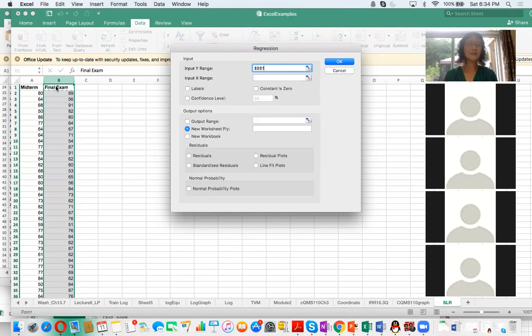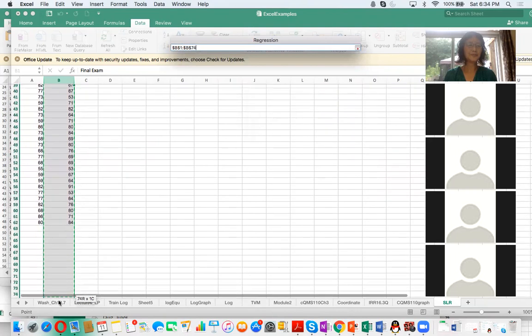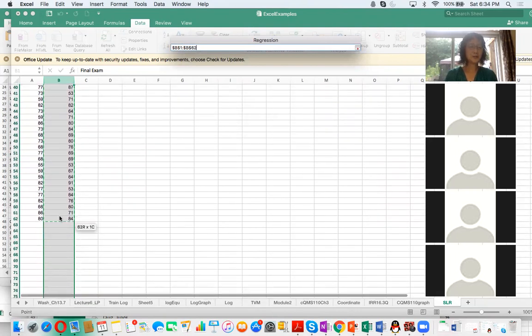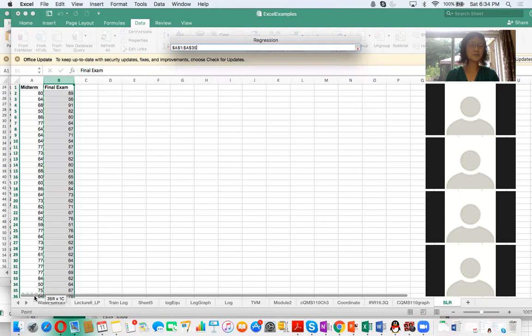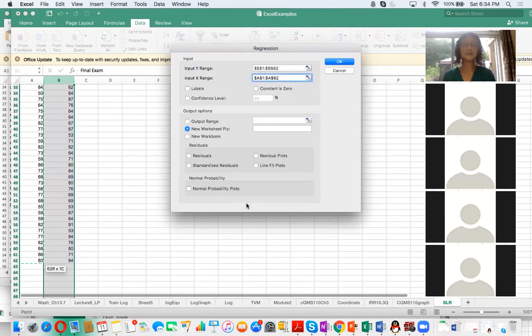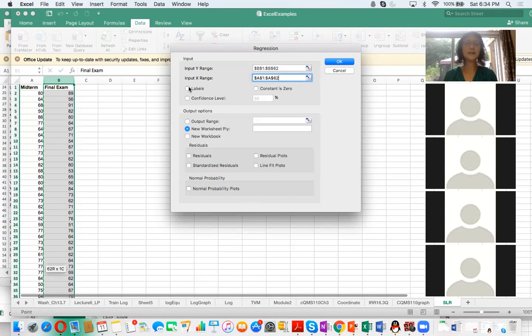So input Y range, it is from B1 to B62. That is my Y. And X, you enter from A1 to A62. As you can see, I included the labels, so I check the Labels box.